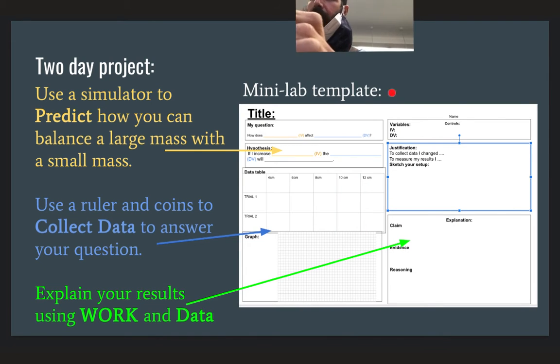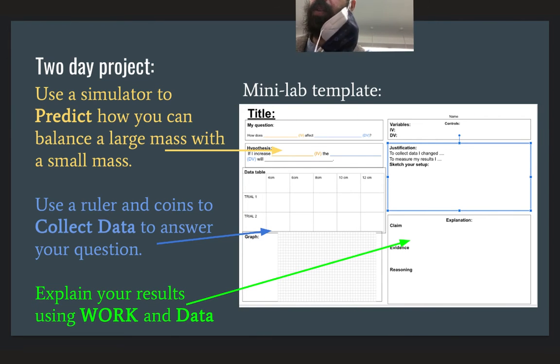This week we're doing a mini lab. Especially if you're remote, you're going to use the assignment called Balancing Lab Explicit Discussion, and that's going to have this slide on it, and you can use this to complete your lab. If you prefer, you can do this work in your notebook and turn in photographs. I recommend the slide.